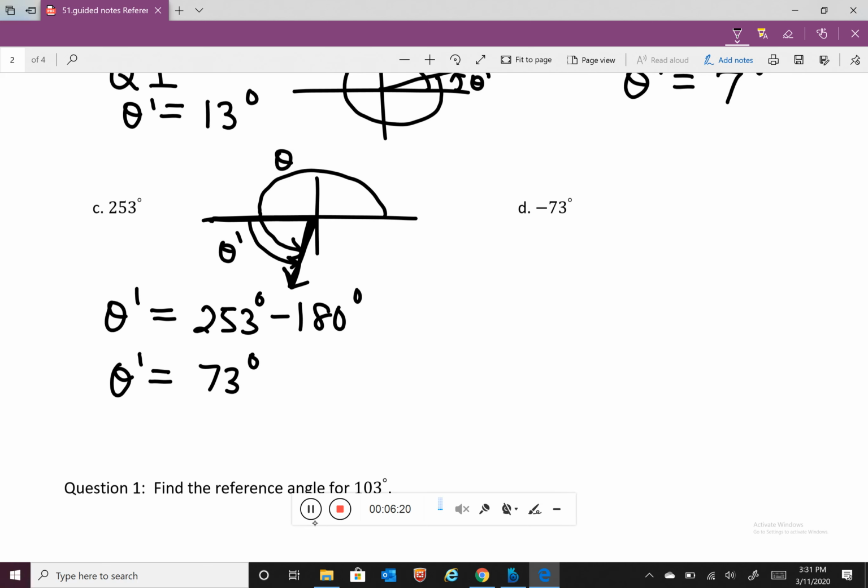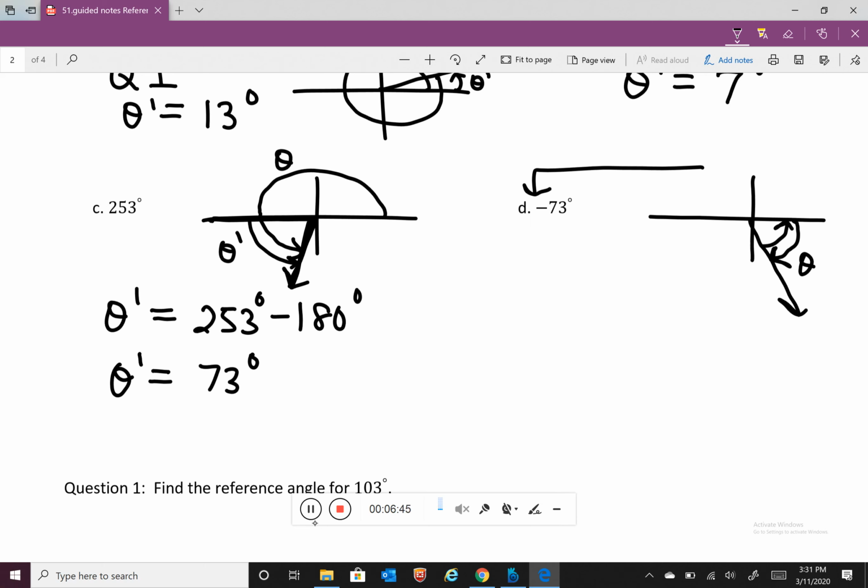Now notice for our last example, we have negative 73 degrees. So negative 73 degrees indicates the direction of rotation. So our angle is negative 73 degrees, but our reference angle is positive 73 degrees.